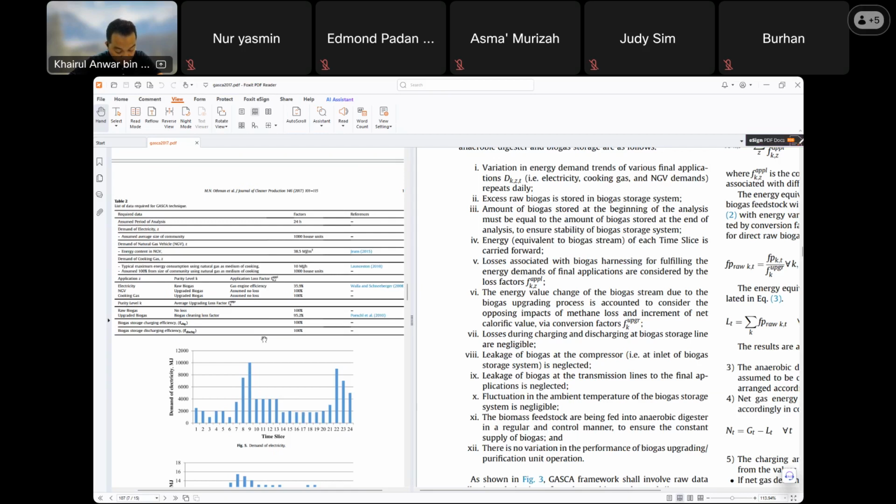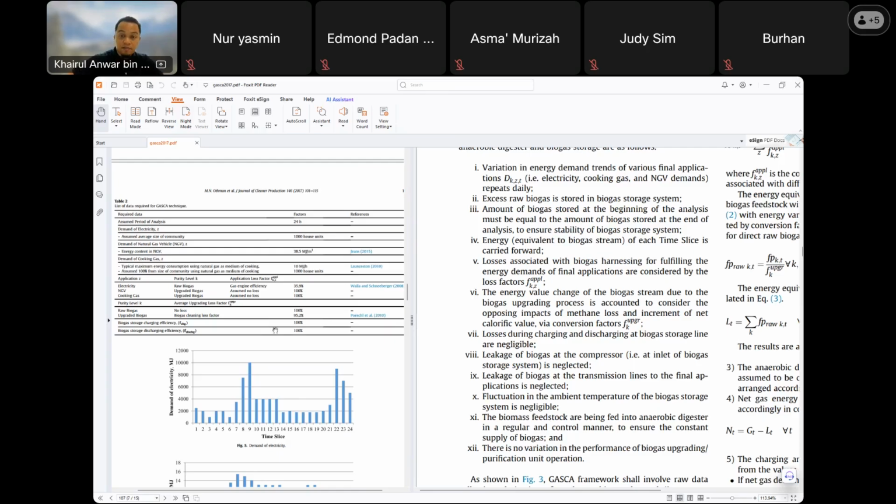The biomass feedstock is fed into the digester in a regular and controlled manner to ensure constant supply of biogas, and there is no variation in the performance of biogas upgrading and purification unit operation.